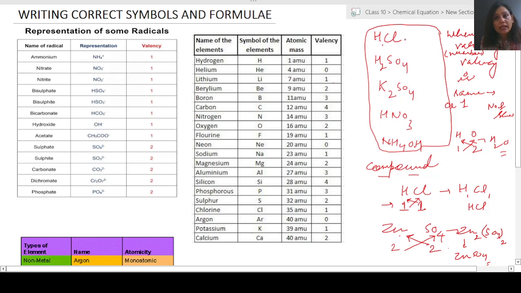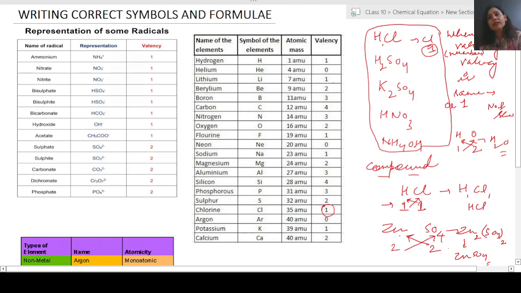So nothing is written at the foot of Cl, and nothing is written at the foot of H. It means either the valency is the same here or it is 1. Now you know that hydrogen valency is 1, so in HCl the Cl valency is also 1. So in this way you can remember. See here, you can check it. The Cl valency is 1.